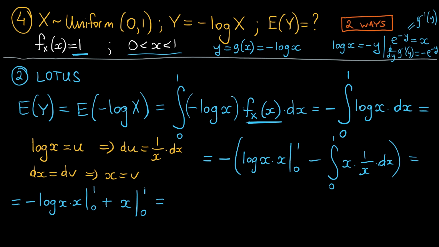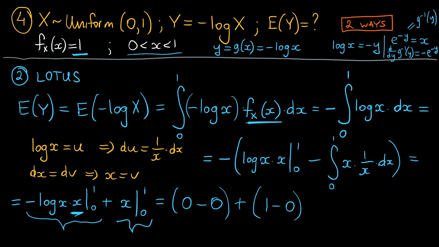So in this first expression, when x is 1, log of x is 0. So we'll get a 0 there. And then the minus, when x is 0, the second term here will be 0. So it's 0 minus 0. Plus, for this second term now, when x is 1, we get 1. And when x is 0, we get 0. And this all evaluates to 1.